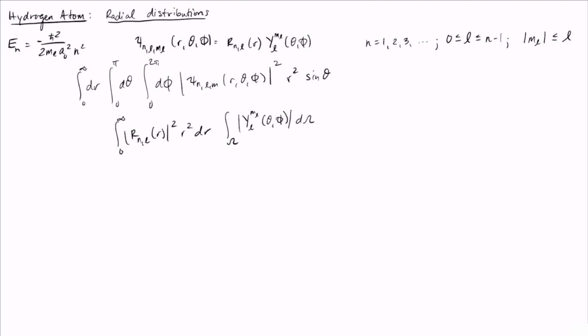And this is magnitude squared as well. And what we know is that the spherical harmonics are defined so that this is normalized. And so this is just equal to this. And if this is supposed to be a normalized eigenstate or a normalized wave function, then this thing ought to be equal to 1.